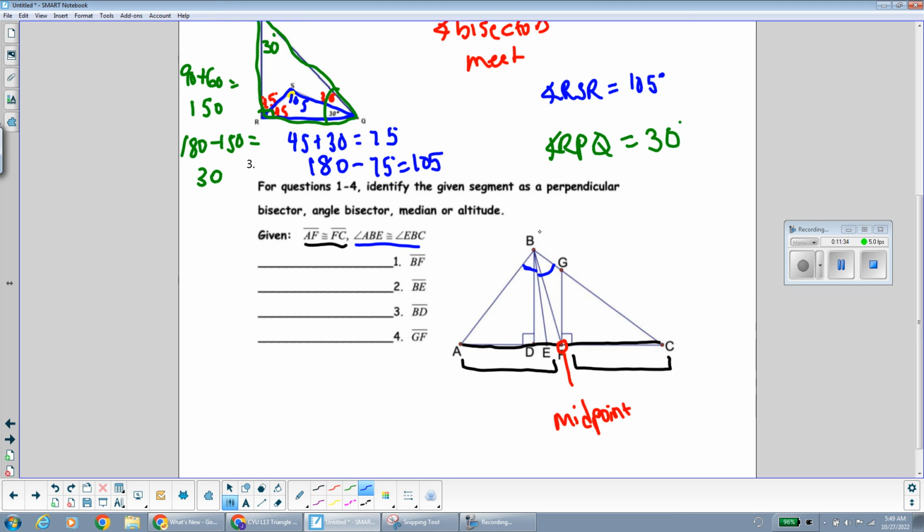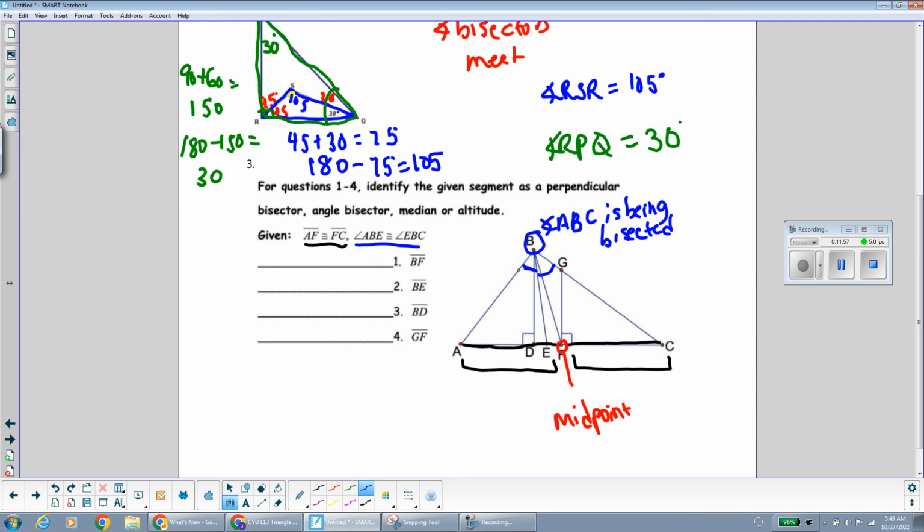I also see here that the whole angle B, I'll call it angle ABC, is being bisected. We have two equal parts, so it is being cut in half.